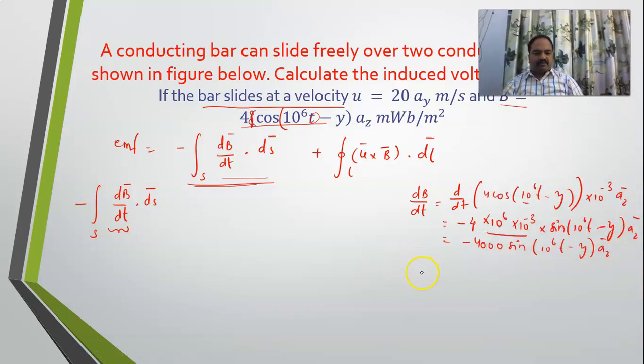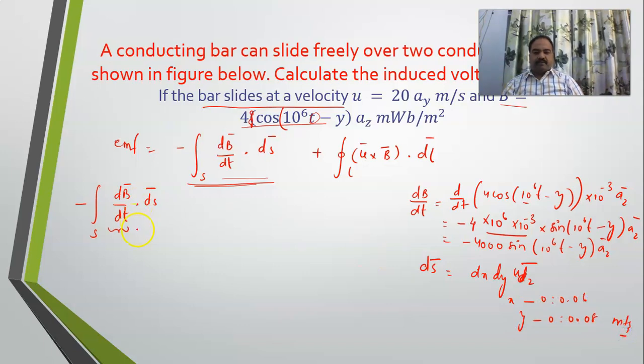Similarly, there is the ds component, right? This is the surface area, extending in dx dy, so I'll take dx dy az bar, where x is varying from 0 to 0.06 and y is varying from 0 to 0.8. I'm taking them in meters.